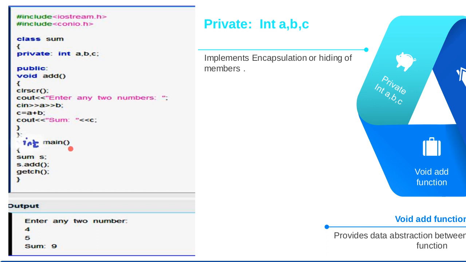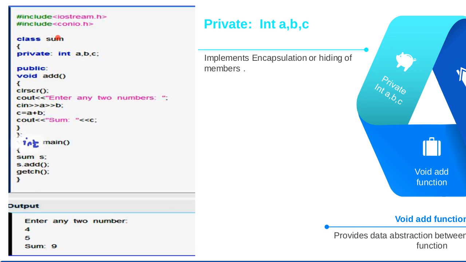In this case, class main is only seeking the function add, so class main can only see void add, but it will never see the background of the sum. That means it can never see A, B, C. So A, B, C are hidden. When main is trying to look at the sum class, it can only see the void function. And that's what we mean by the term abstraction.